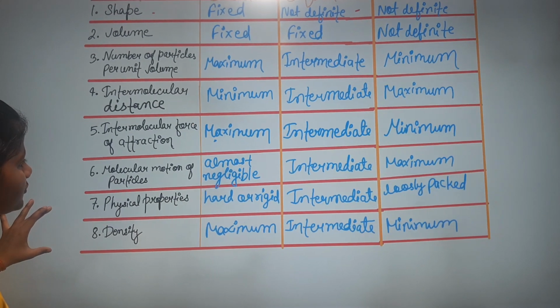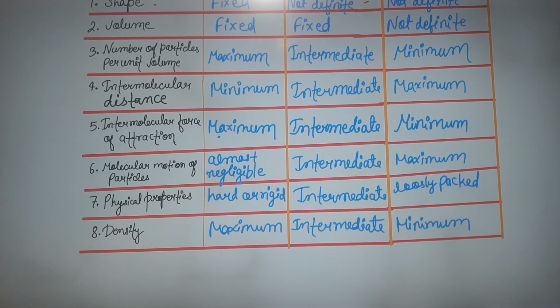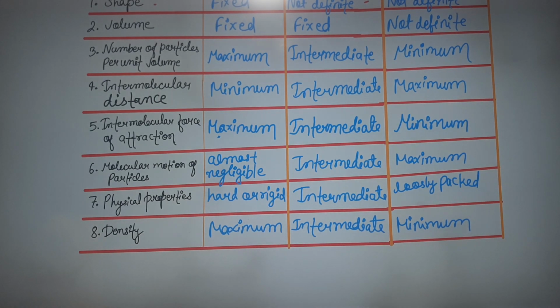And our sixth property is molecular motion of particles. In a solid, the molecular motion of the particles is almost negligible. The liquid has intermediate, and in gas the molecular motion of particles is maximum.